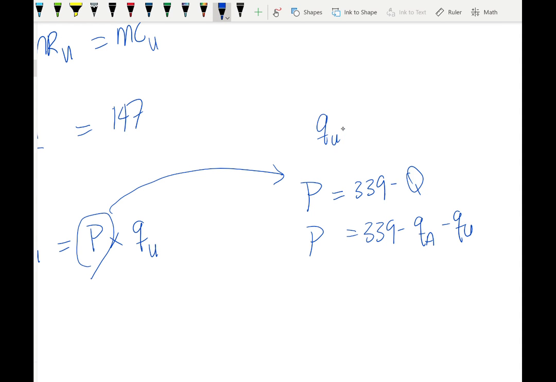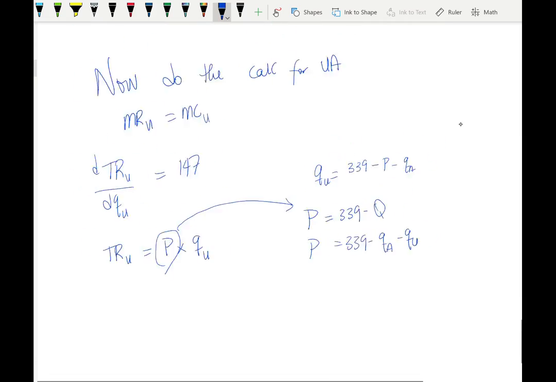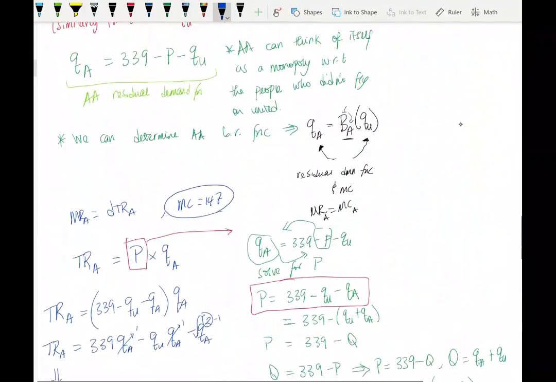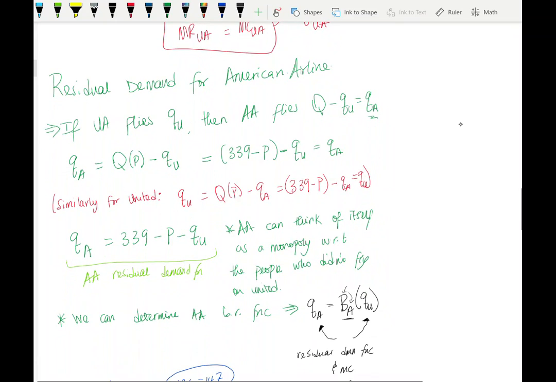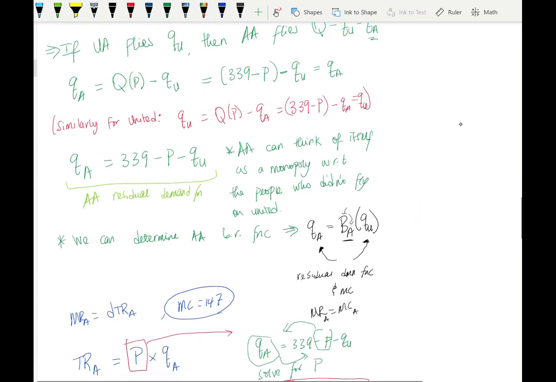Where QU is equal to 339 minus P minus QA. That's very similar to what we did here for American. Remember, we talked a little bit about the symmetry here.